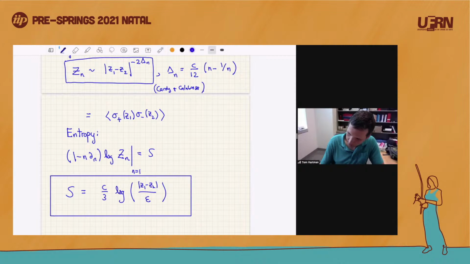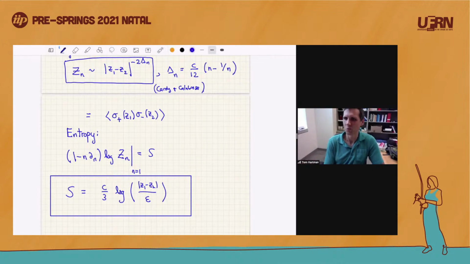Let me make a comment about that epsilon, which is the only thing that is not determined by this calculation. That epsilon is an arbitrary constant that can be added, and you should think of that as a UV divergence. There's a problem with the calculation I just described, which is that it was a partition function on a singular manifold. That doesn't really make sense.